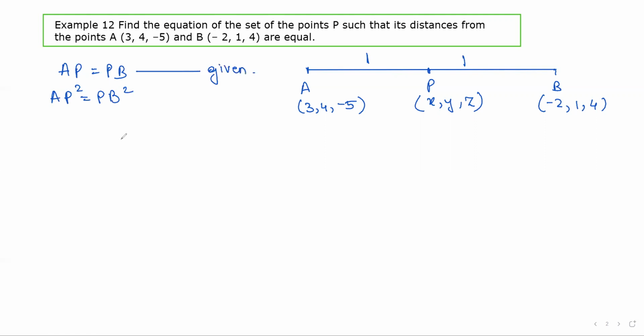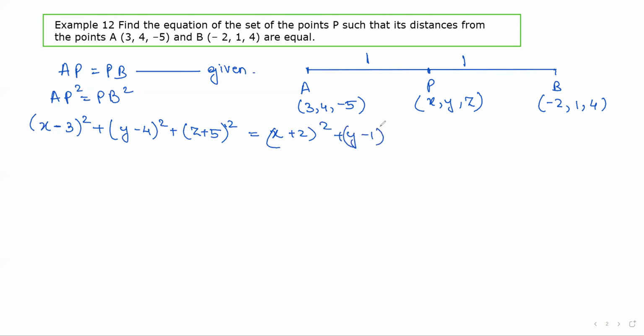This is true, then your root gets nullified and you're left with applying the distance formula: (x minus 3) whole square plus (y minus 4) whole square plus (z plus 5) whole square, minus of minus 5, is equal to (x minus of minus 2, x plus 2) whole square plus (y minus 1) whole square plus (z minus 4) whole square.